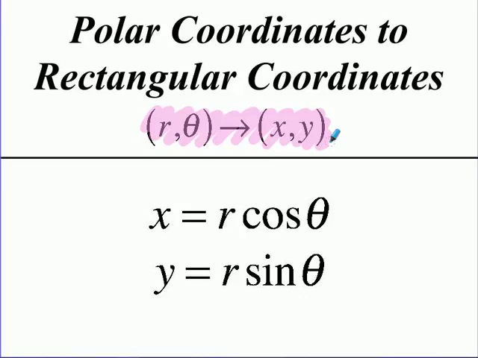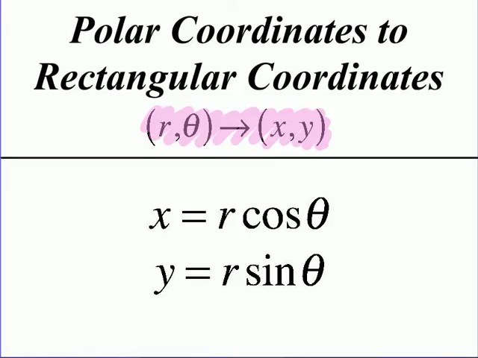How we do that should be fairly easy. We're given r, we're given theta, and we plug them into these equations. My x coordinate will equal r times cosine of theta. My y coordinate will equal r times sine of theta. And then that is my ordered pair.